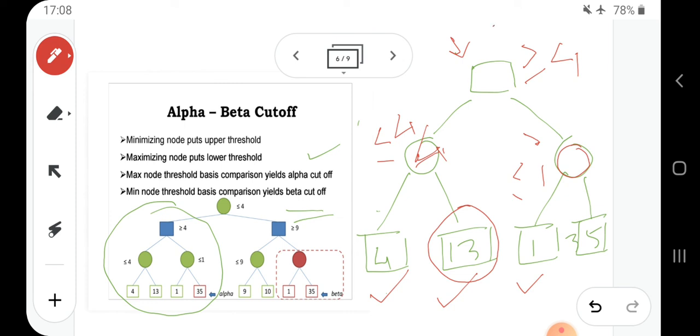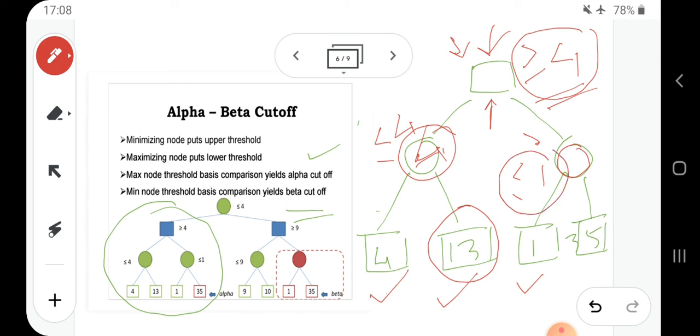Now think about this node. It has already got one option as 4. So accordingly it has thresholded or confirmed that the value that will be returned by this node will be greater than or equal to 4. Now coming to the right hand direction, it gets one initial idea that the value is coming less than or equal to 1. Now this is meaningless.